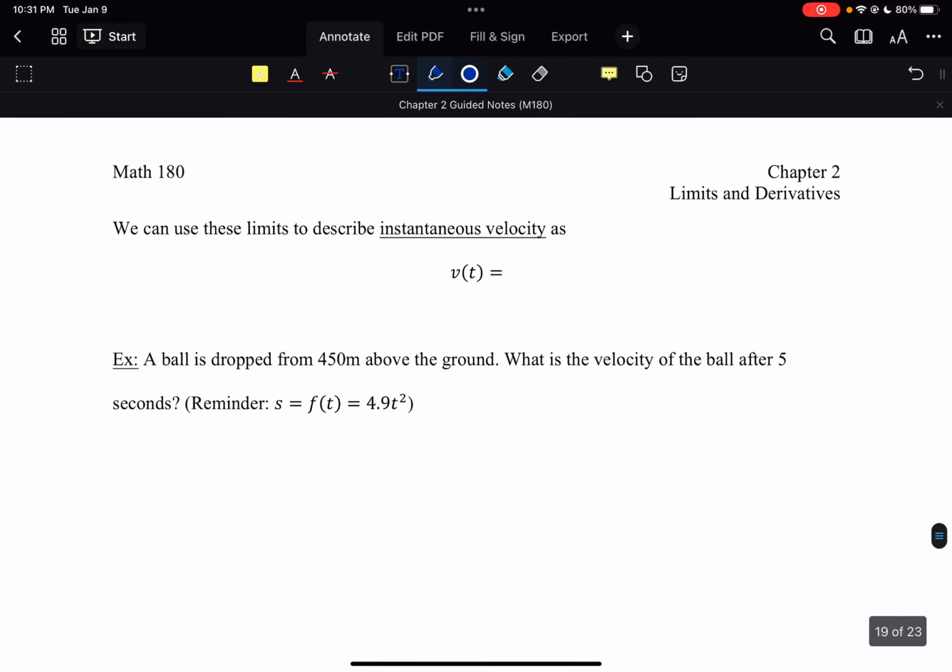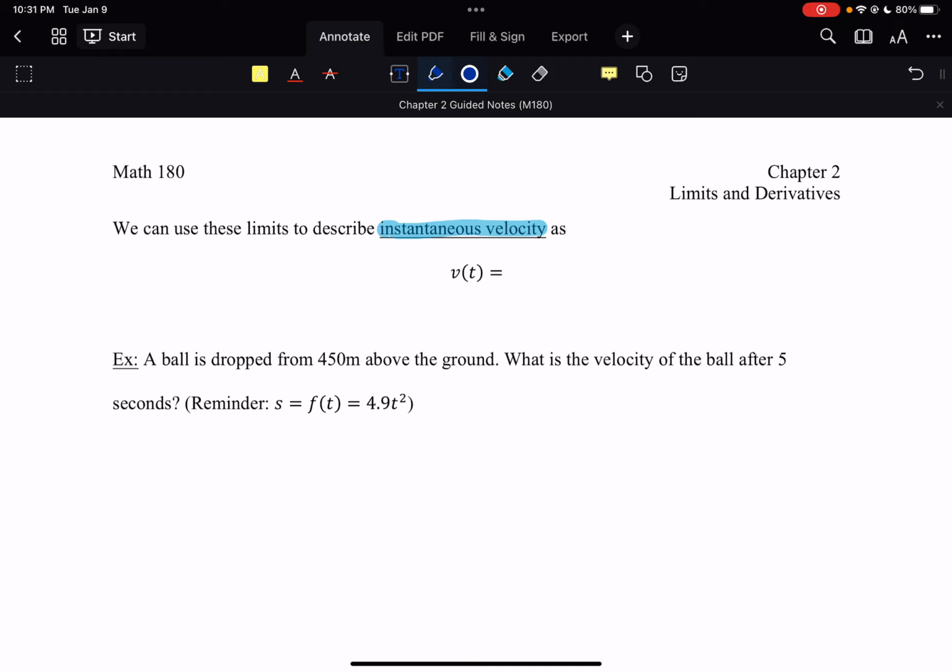As we've seen in previous sections, we can describe things such as velocity in modeling problems using slopes. In particular, we can use the slope of the tangent to describe instantaneous velocity, so velocity at a specific moment in time, not over a time interval.